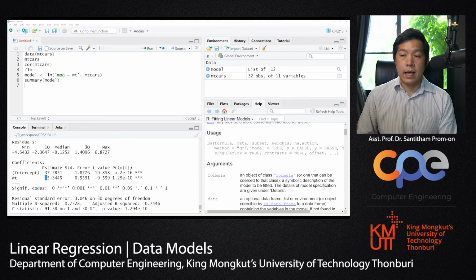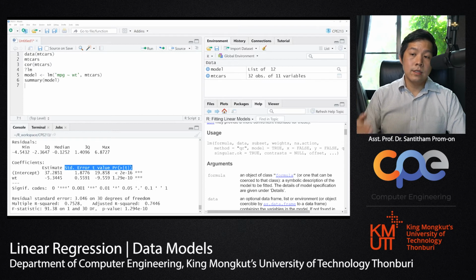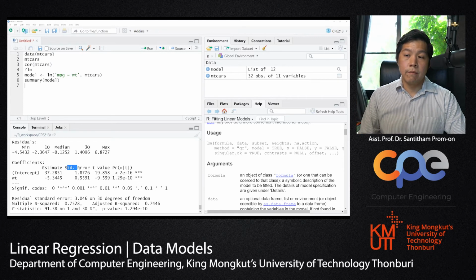And as you may have learned in your statistics course, you can do hypothesis testing of the data. These are the standard errors from the model, and it uses the t-test to compare the value of the parameters with 0 and determine the p-value, which indicates whether this is significantly different from 0 or not.